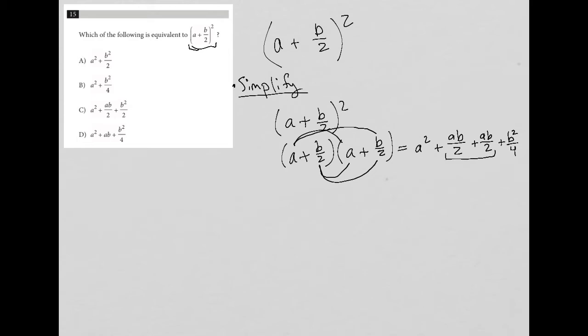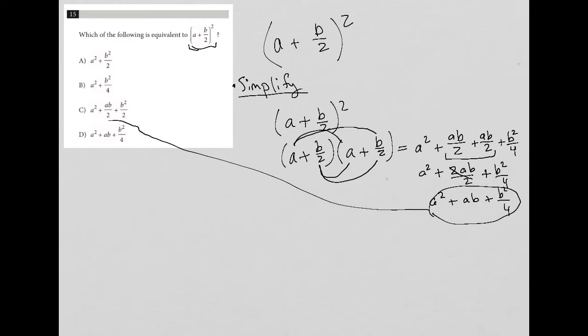These two will combine together, so I'd have a squared plus 2ab over 2 plus b squared over 4. And then, of course, these 2's will cross out as I simplify that fraction, and I'm left with a squared plus ab plus b squared over 4, which is answer choice D.